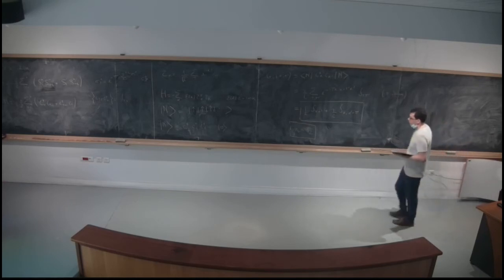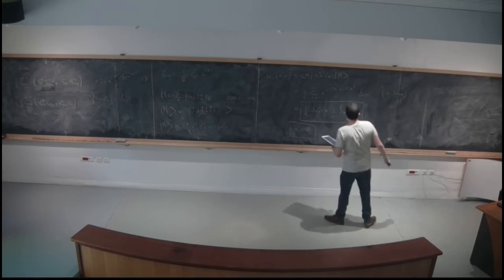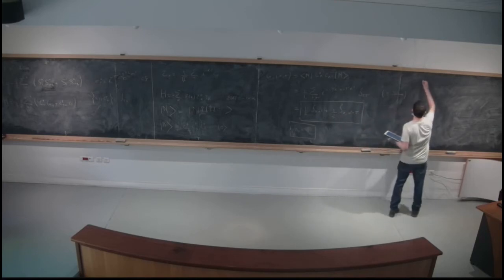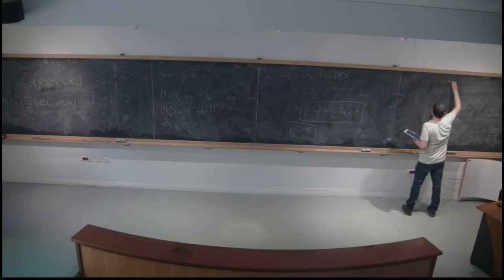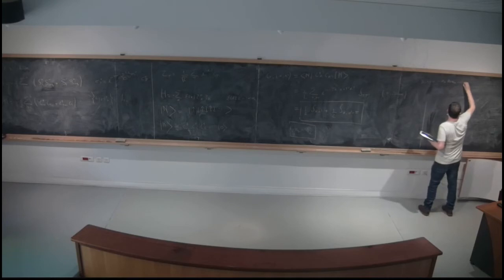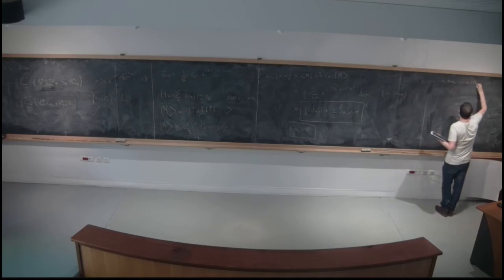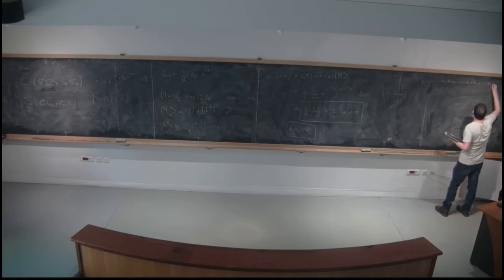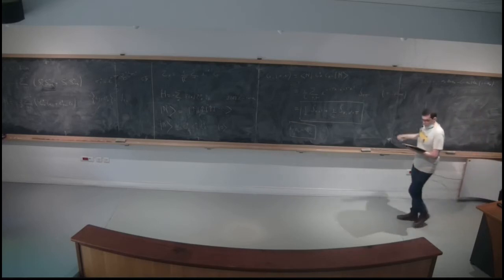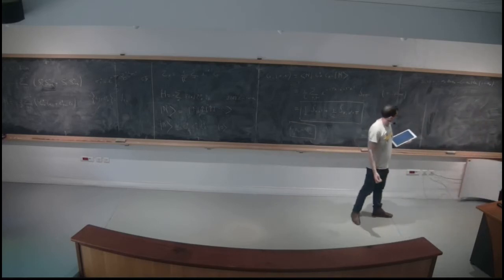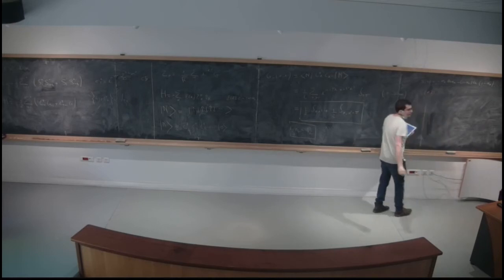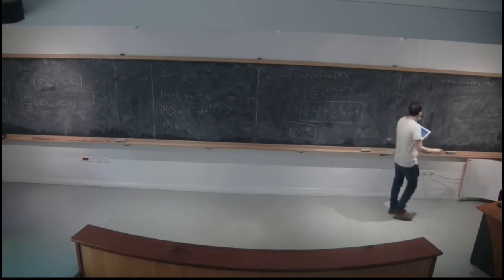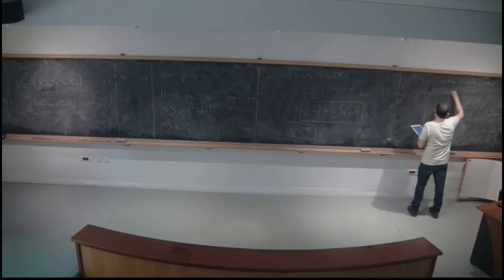But what do we get for the entropy? If we take the expression for the entropy, and we replace n of k with 1/2, we get that the contribution of the quasi-particles to the entropy is very simple, and this is basically log 2.